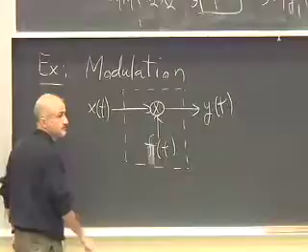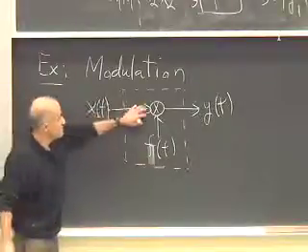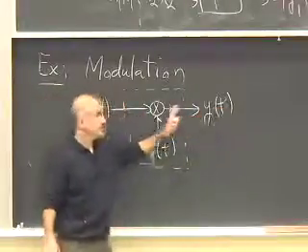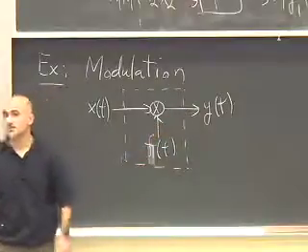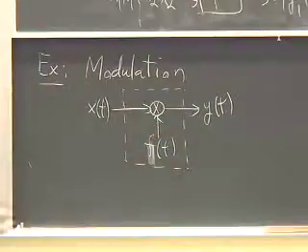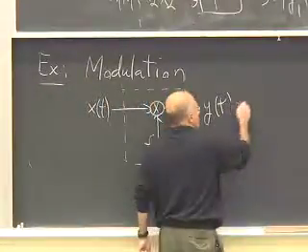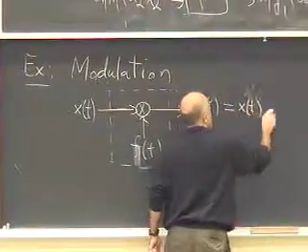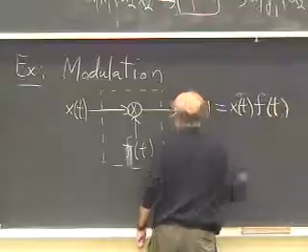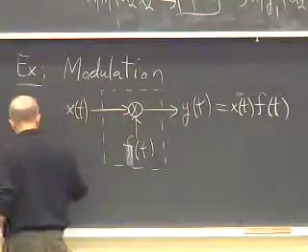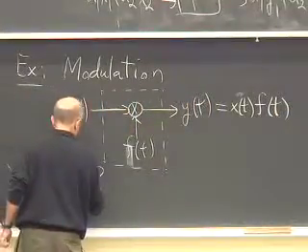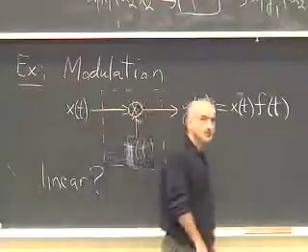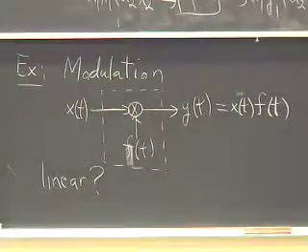This is my system. It takes x as its input and spits out y, and here the diagram shows the instantaneous relationships, the relationship between the two. So y of t is x of t times f of t. My question is this linear? Talk to your neighbors for a minute or two and let me know.